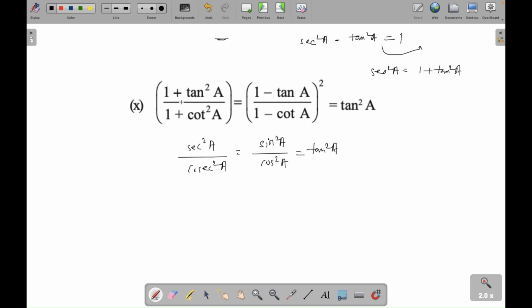So you have proved that 1 plus tan square A upon 1 plus cot square A is tan square A. Now we need to prove that this is also equal to tan square A. Right? So when you have 1 plus tan square A, we can use this identity. However, when we have 1 minus, then we cannot use it. Then we have to write it in the form of sin A upon cos A.